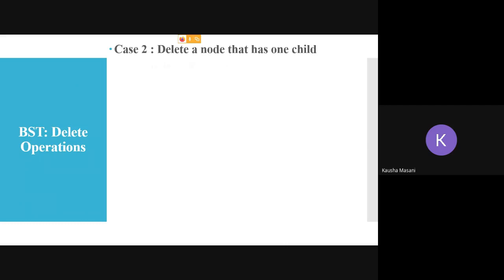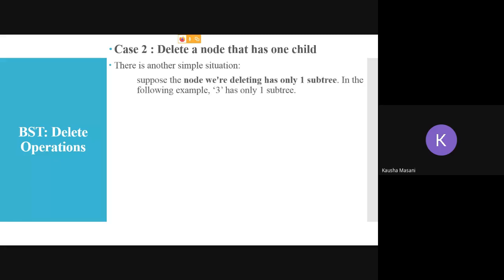Another simple situation, nothing to be worried about. Suppose I take an example here also. The node we want to delete has only one subtree. The example I am going to show you has a value 3, and it has only one subtree.